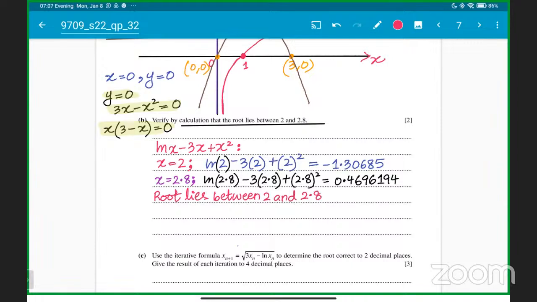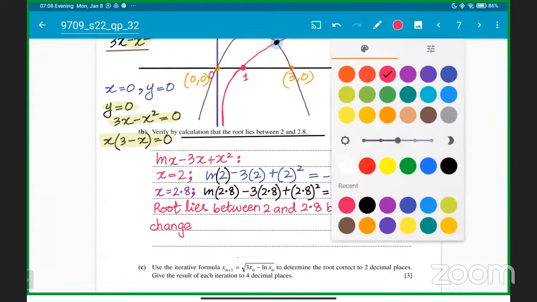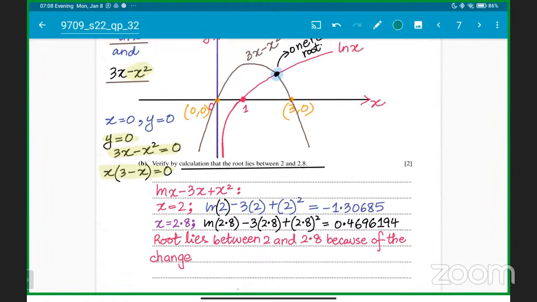Either it should be from positive to negative or negative to positive. So the root lies between 2 and 2.8 because of the change in sign. The change in sign is very important learning for numerical solutions. If you want to see a visual representation of this, let's say 2 is here and 2.8 will be somewhere here.